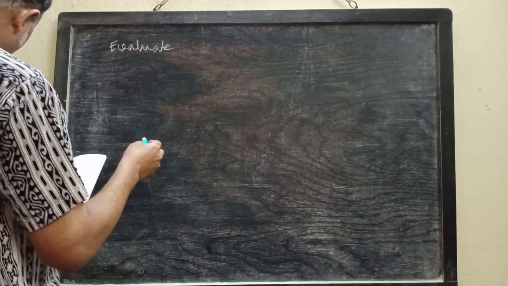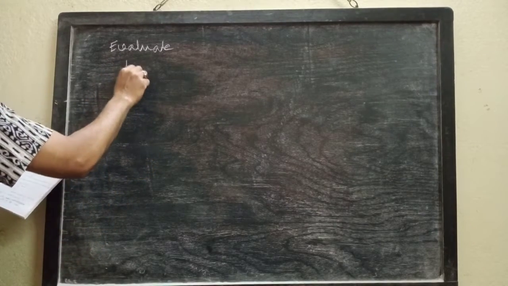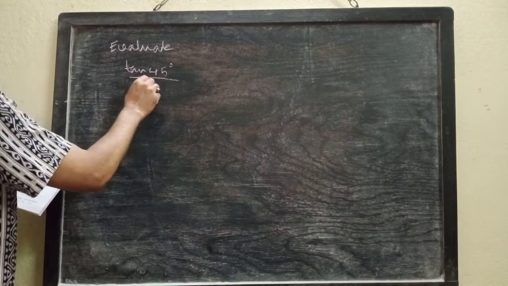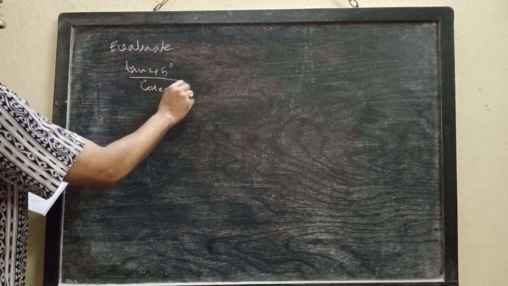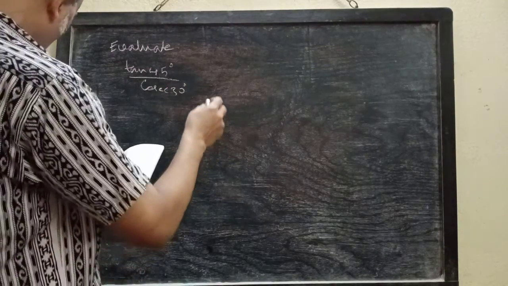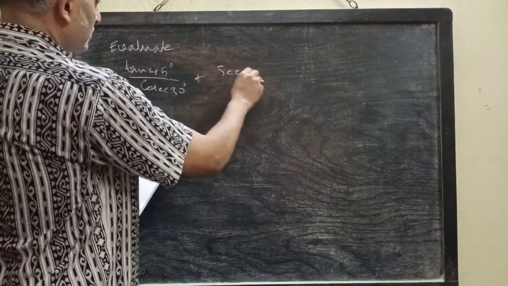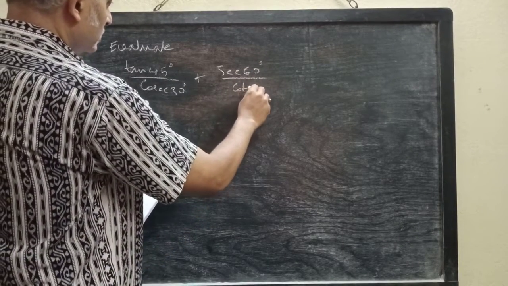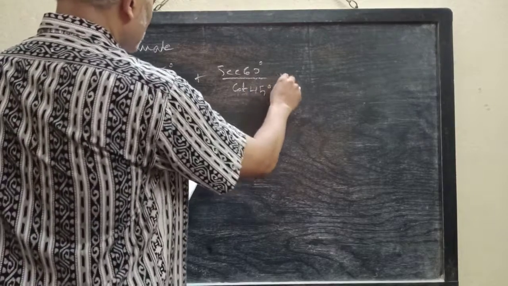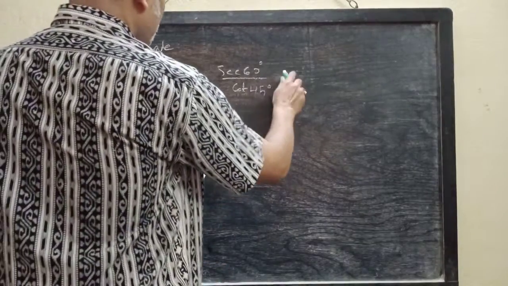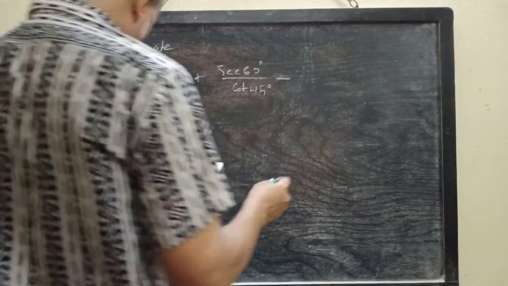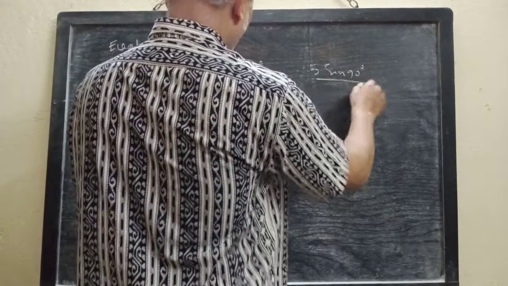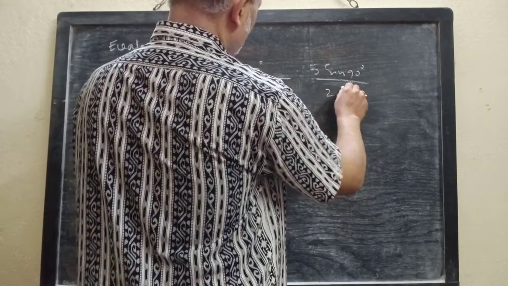Evaluate tan 45 degree by cosec 30 degree plus sec 60 degree by cot 45 degree minus 5 sin 90 degree by 2 cos 0 degree.